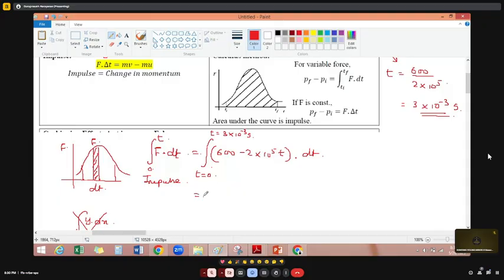So after that, it's simple integration. So 600 t minus 2 into 10 power 5 t squared by 2. Again, your lower limit is time t is equal to 0. Upper limit is time t is equal to 3 into 10 power minus 3 seconds.